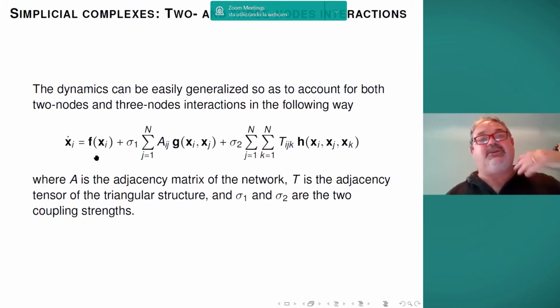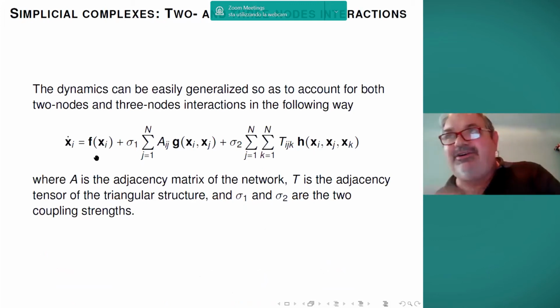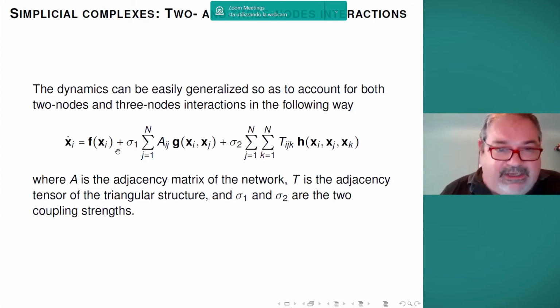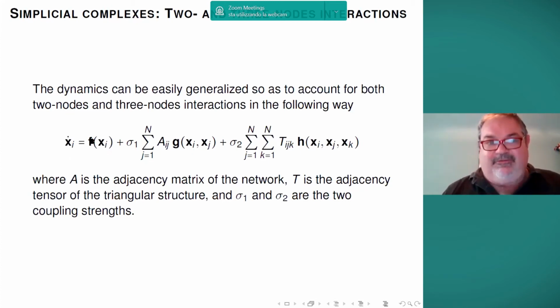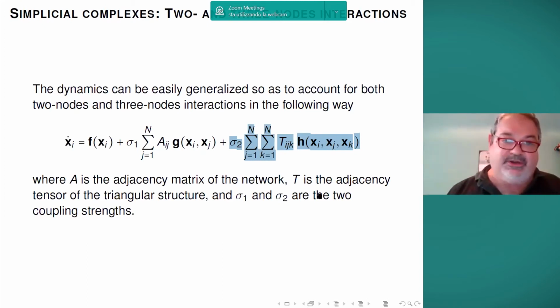And now let's go to simplicial complexes. Again, I limit myself to links and triangles, but then I will show you that you can generalize for all kinds of simplices. Now you have therefore a population of dynamical units which are evolving following their internal rules f plus a first term which accounts for pairwise interaction, a second term which accounts for 3-body interactions, and in general you can have many more.